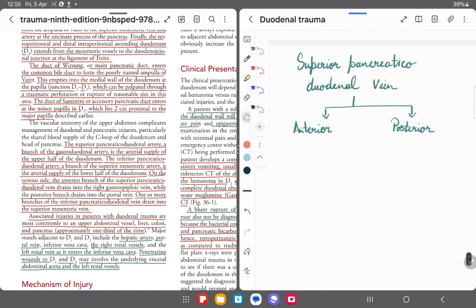So superior pancreatico-duodenal vein has two branches, anterior and posterior. Anterior branch drains into right gastroepiploic vein, and posterior branch drains into the portal vein.